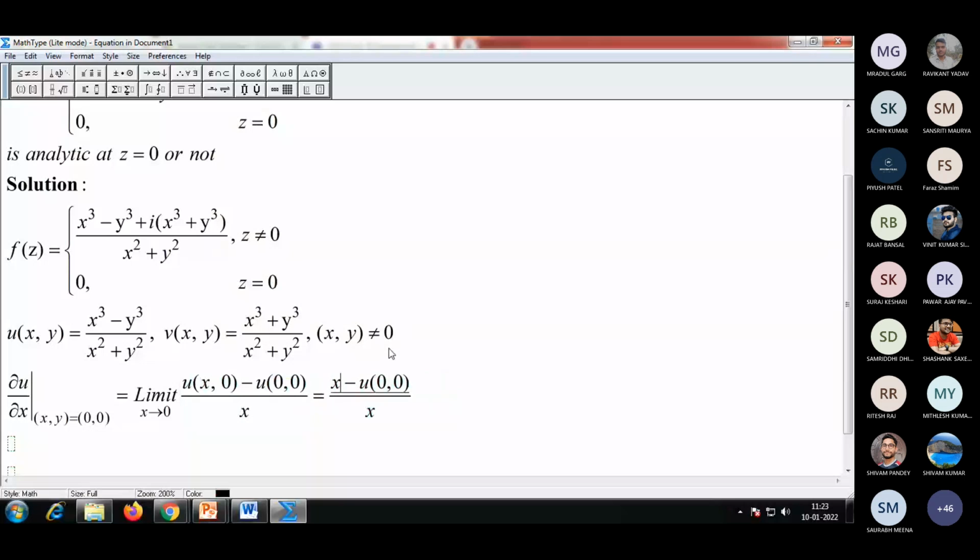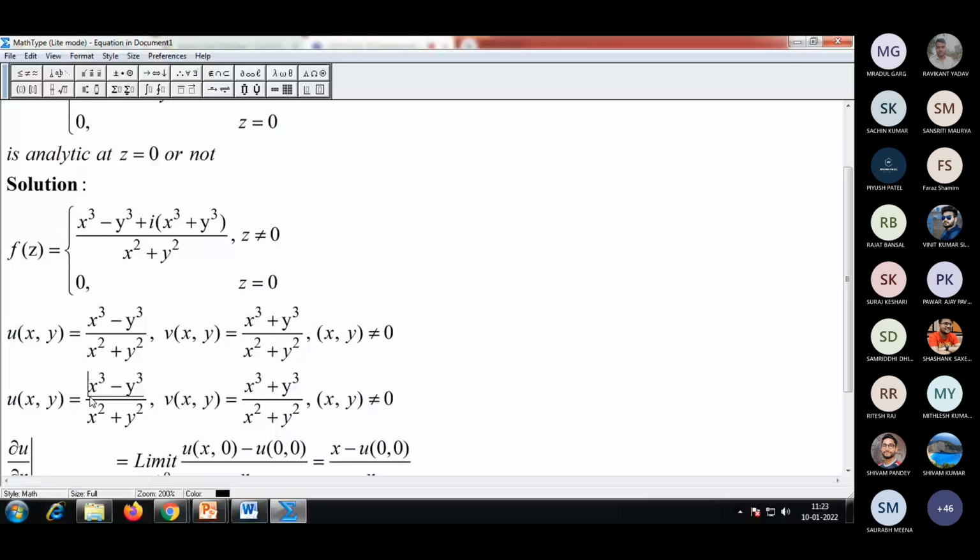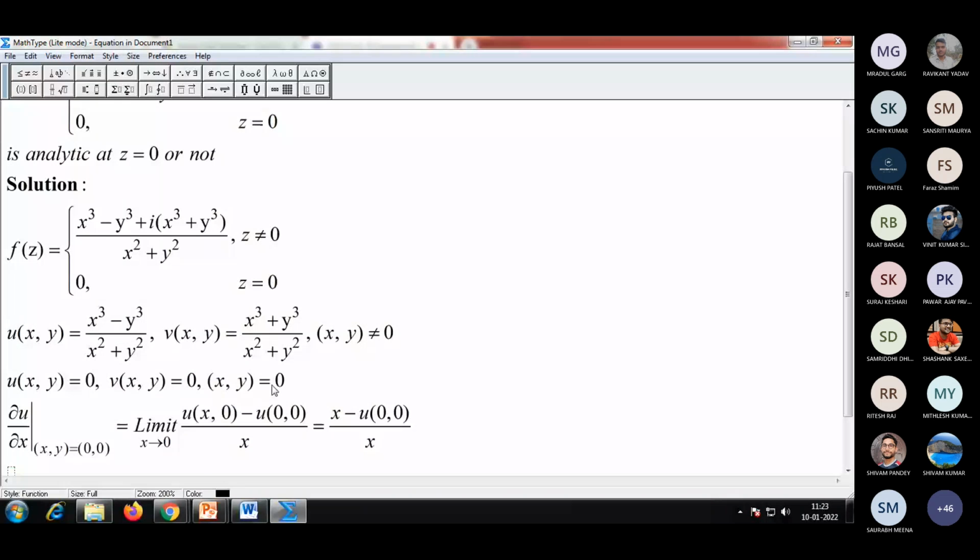Now u(0, 0). Since the value of f(z) is 0 when z equals 0, what does this indicate? This indicates that u(x, y) is 0 as well as v(x, y) is 0 when (x, y) is equal to (0, 0). Or simply we can say 0. No need to say it like that.